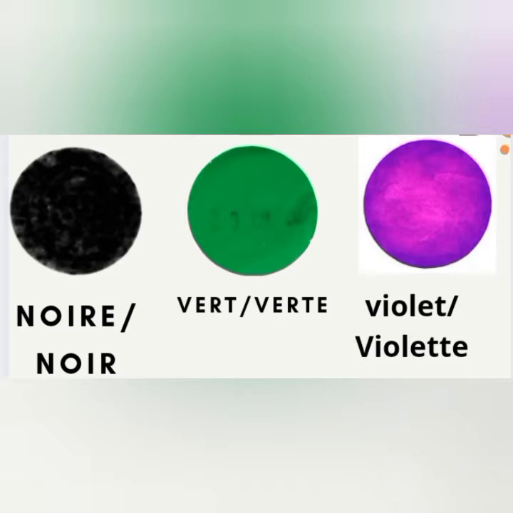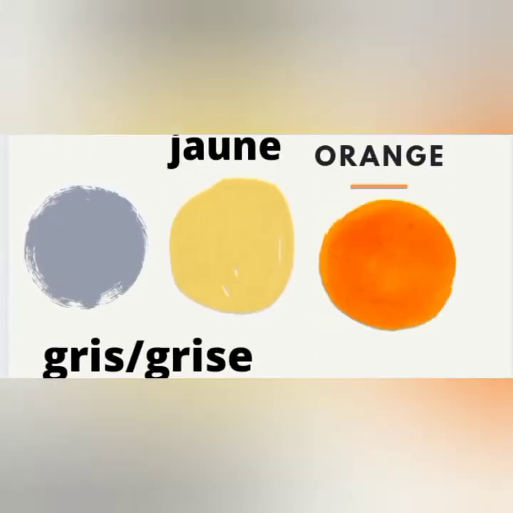Then the purple is violet, masculine, and violet, feminine. Is that clear? Très bien. Now, let's name the colors again. Noir, vert, violet. Okay, très bien. Now, let's move to the next colors.